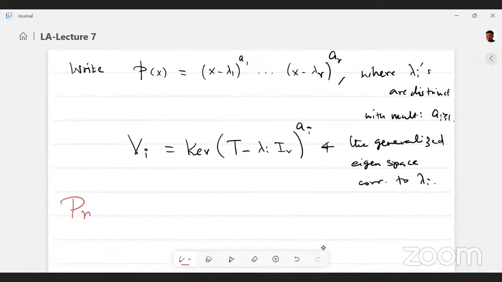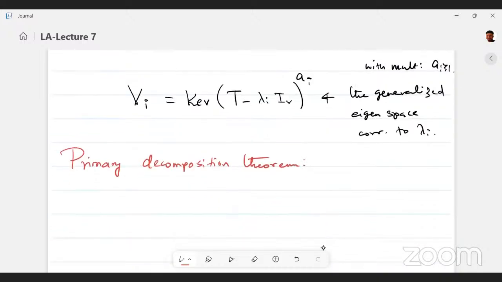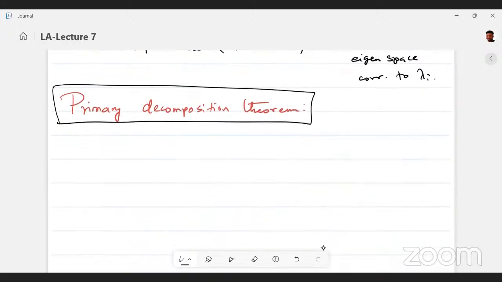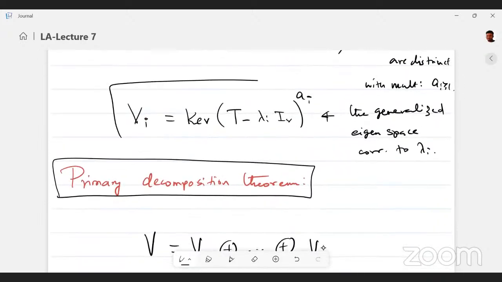So here is the primary decomposition. Why it's called primary is very important, and this is also the first decomposition theorem that you are seeing for general operators. So what does this theorem say? V can be written as V1 direct sum, etc., direct sum Vr, where the Vi's are given by this.